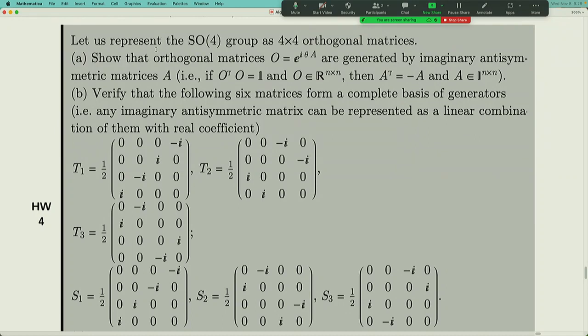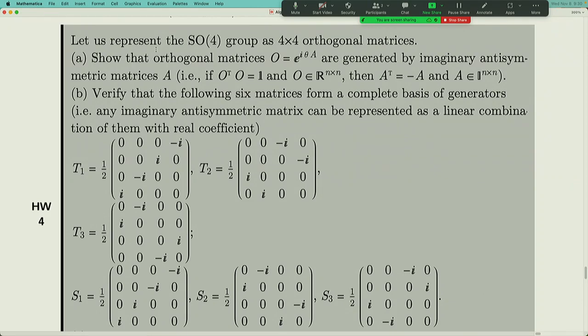And then it is also anti-symmetric, meaning that this matrix element is the negative of that matrix element. So we have some examples of this anti-symmetric matrix. But the first problem is to show that if O satisfies this orthogonal condition and every matrix element in O is real, then this A, as the generator of this orthogonal transformation, must satisfy this condition.